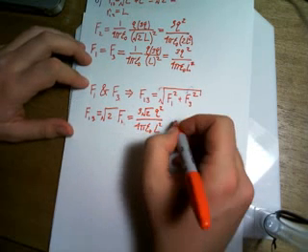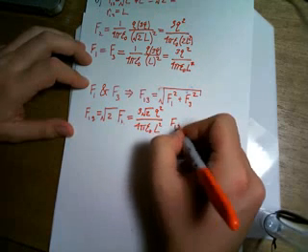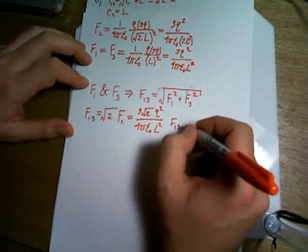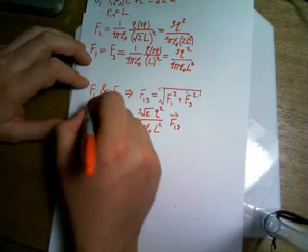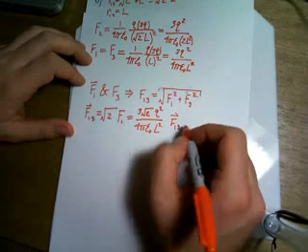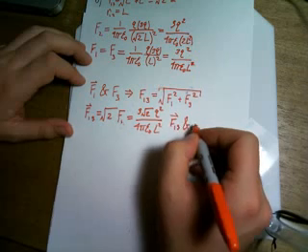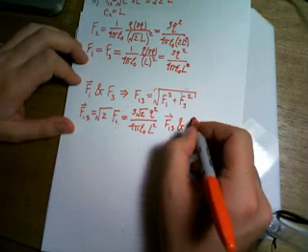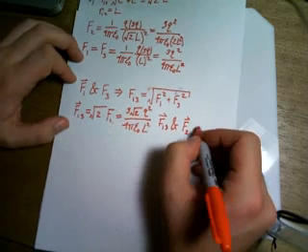And that tells us that F13, and I should be putting vectors on all of these, and F2 are in the same direction.